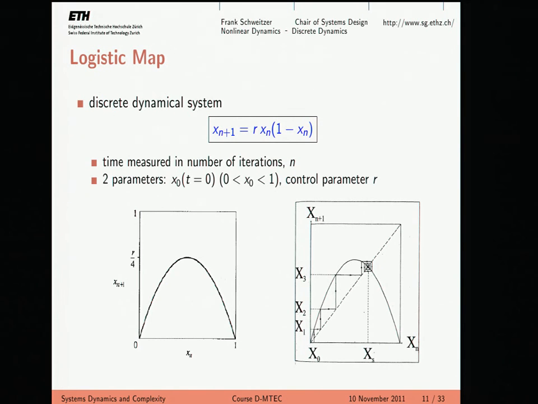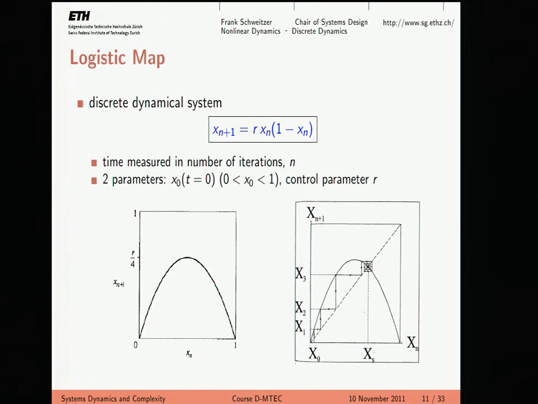Right, so the logistics map is given here. If you just look at how two subsequent values of x are related, well, they're related in a quadratic way, right? So this is xn squared. So if you plot xn versus xn plus 1, you see that xn plus 1, the next value, reaches its maximum when xn is 1/2, right?